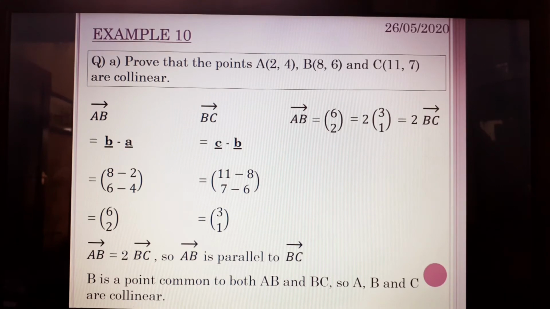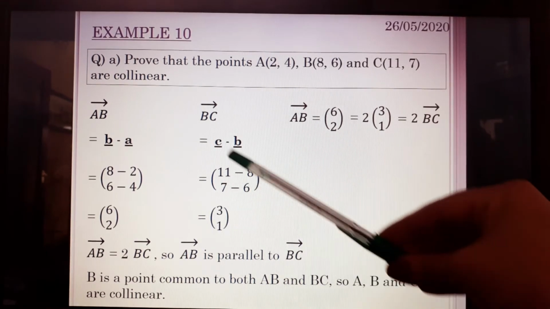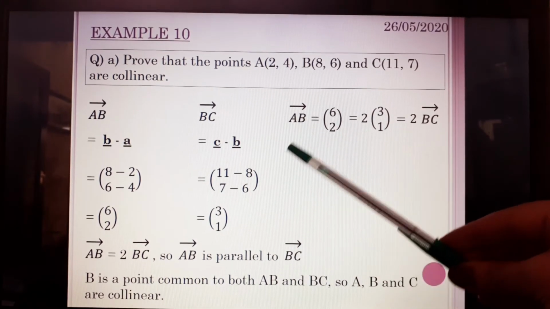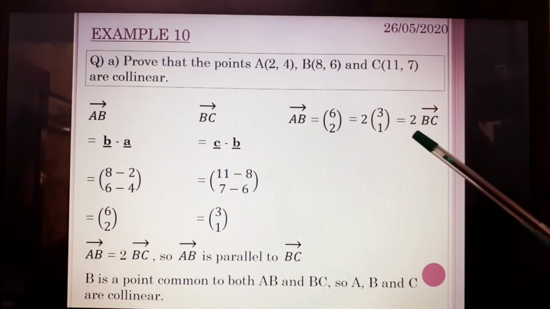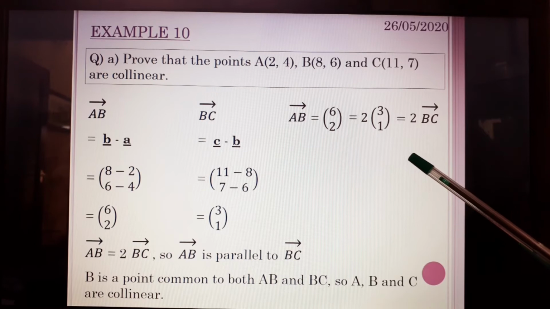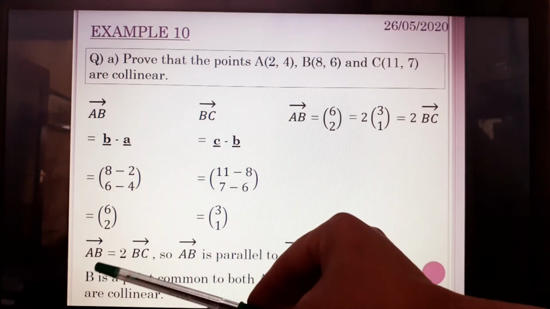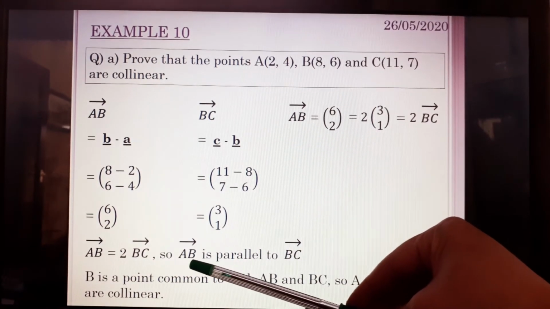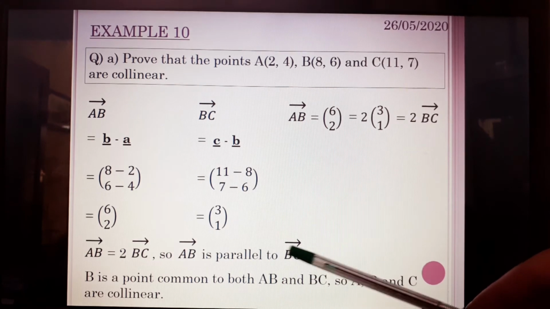So when we do these questions, we have to create the vectors. We have to say that one vector is a multiple of the other vector. It might be that one vector is a fraction of the other vector. We have to then make that statement and say that that means that one vector is parallel to the other vector.